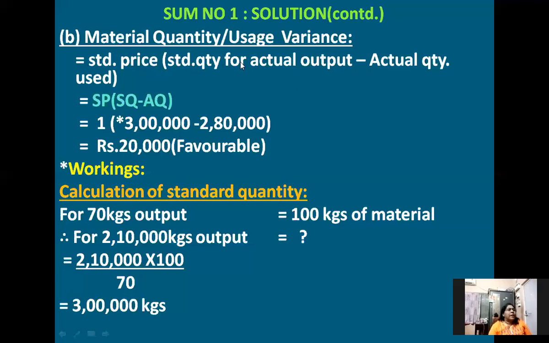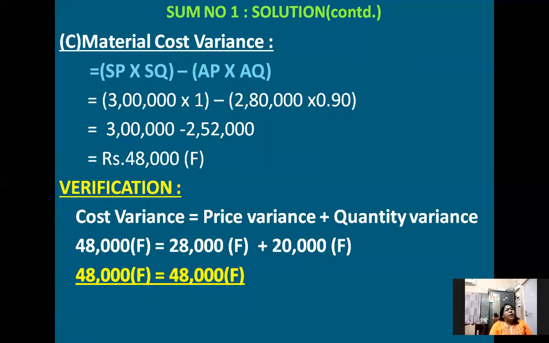In this calculation, we don't know the standard quantity for actual output directly, but we know the standard ratio: for 70 kgs of output we use 100 kgs of material. So we work out how much we needed for 2,10,000 kgs of output. This is how we calculated the standard quantity for actual output. I think you understood.